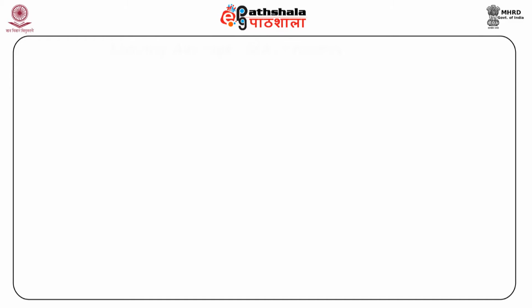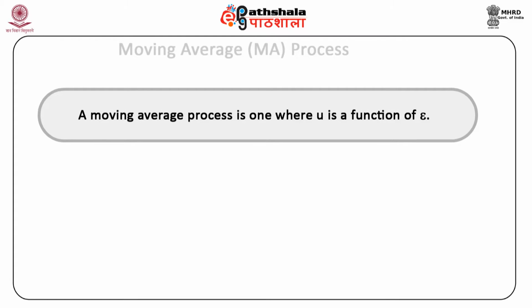The second type of structure is the moving average process, denoted as MA process. A moving average process is one where U is a function of epsilon.